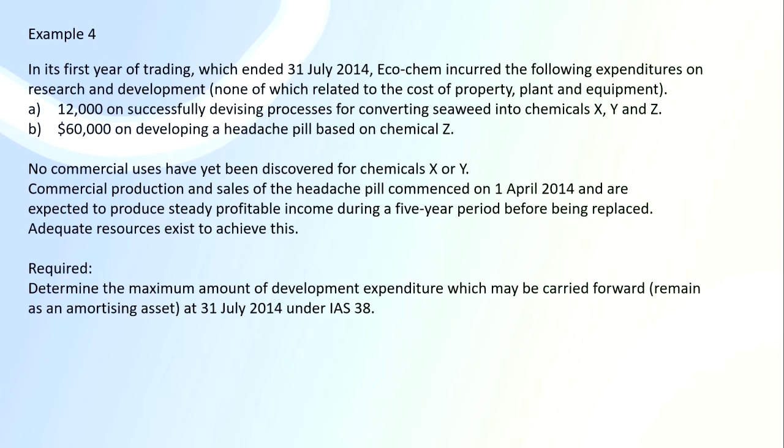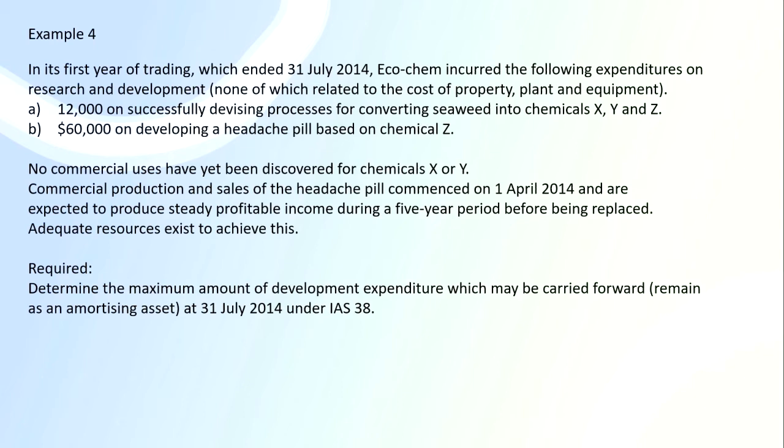So the first one is considered a research cost because there is no commercial product. The company only converted the seaweed into chemicals X, Y, and Z, so this chemical cannot be considered a commercial product yet.